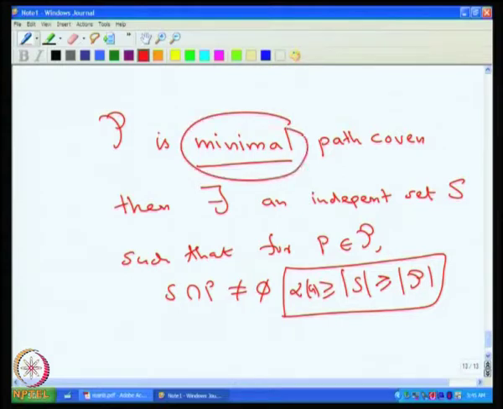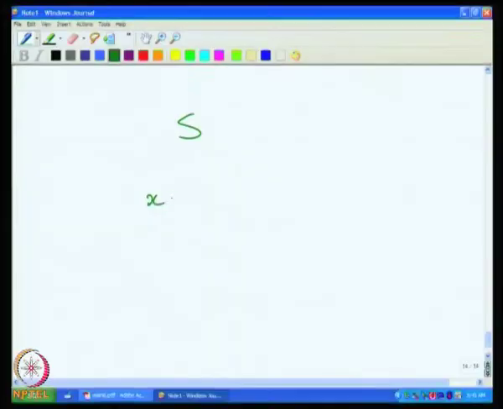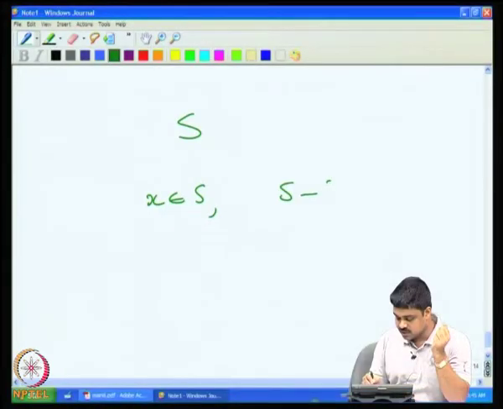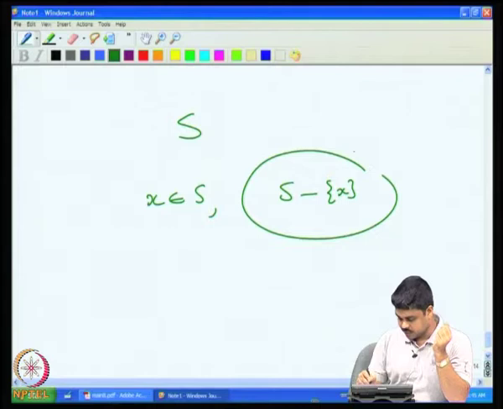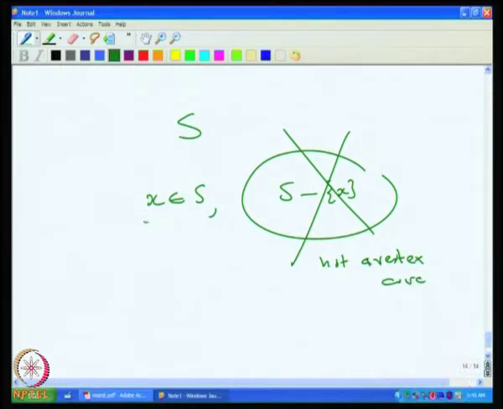But then what is this minimal path cover? We have seen other instances where we use the words minimal and maximal. For instance, we talked of a minimal vertex cover. So, what was the minimal vertex cover? It is a vertex cover such that if you drop any vertex from S, say take an x element of S and consider S minus x, this will not be a vertex cover, irrespective of which x you take.